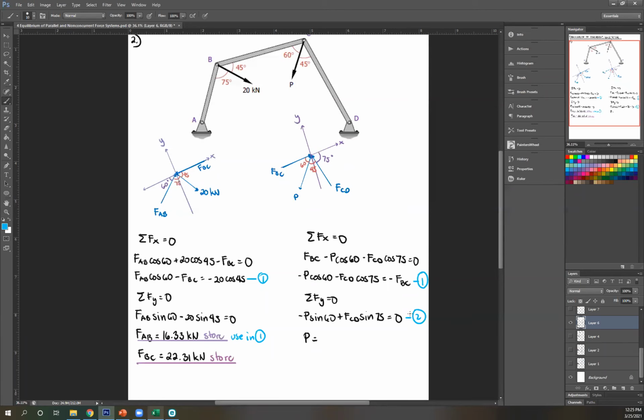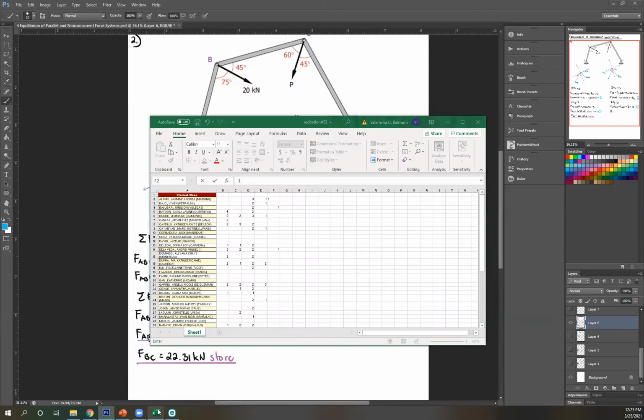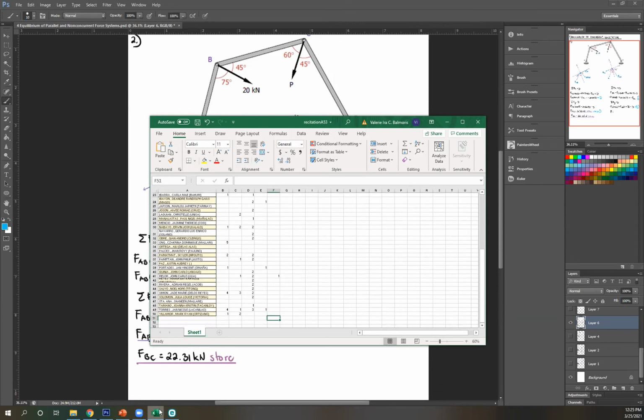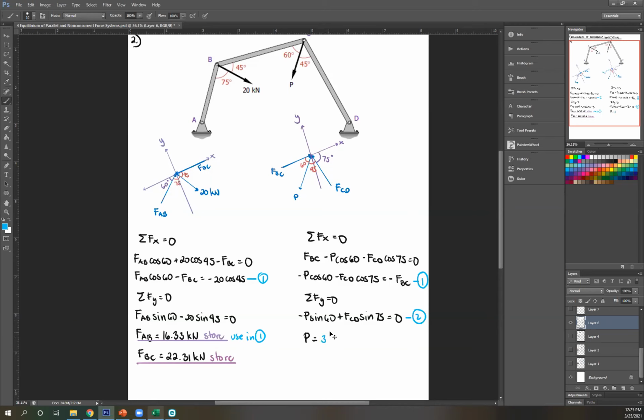Villamor and Baluba. Okay, so 30.48 kilonewton. And that's the answer to this question.